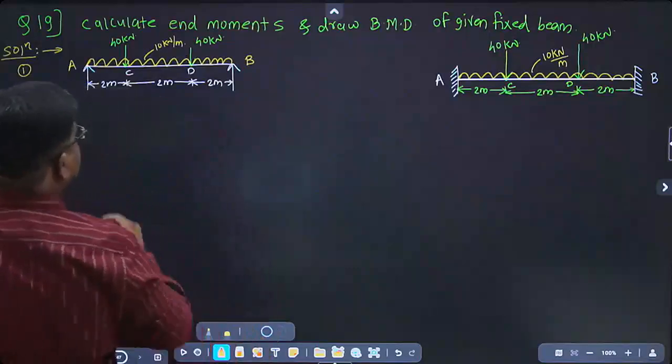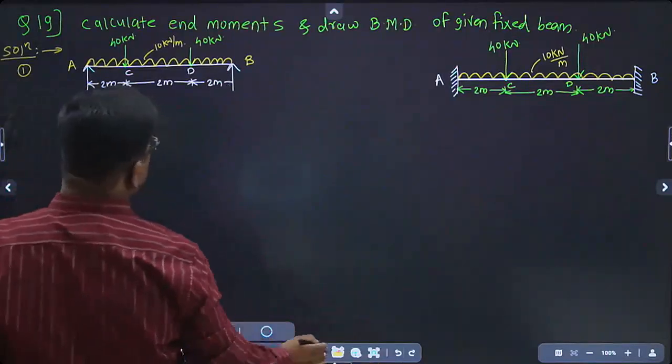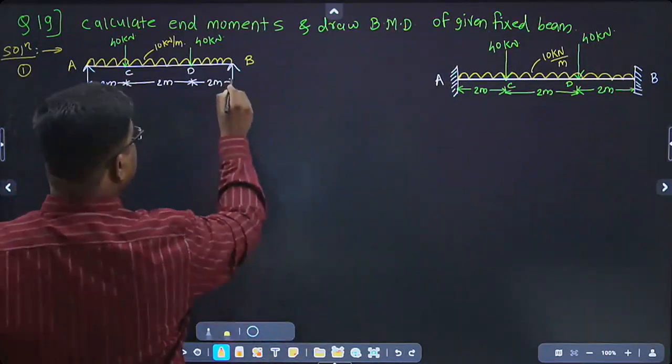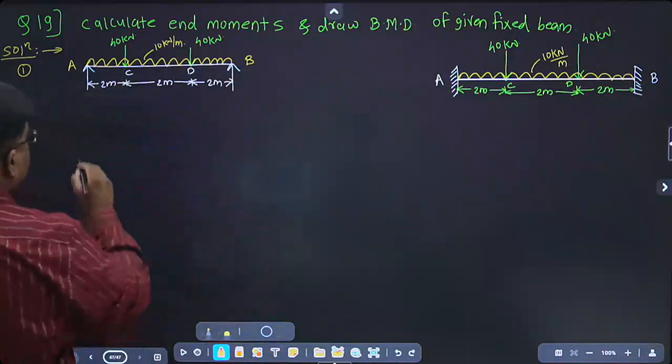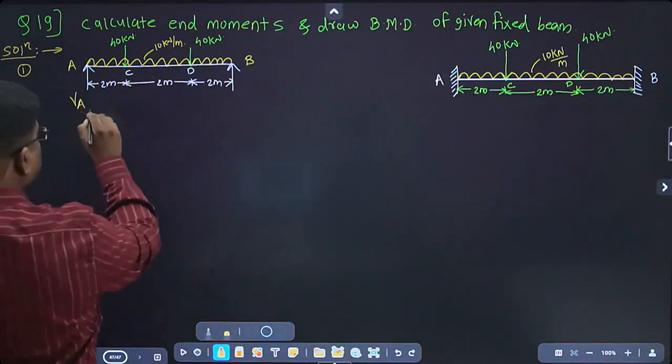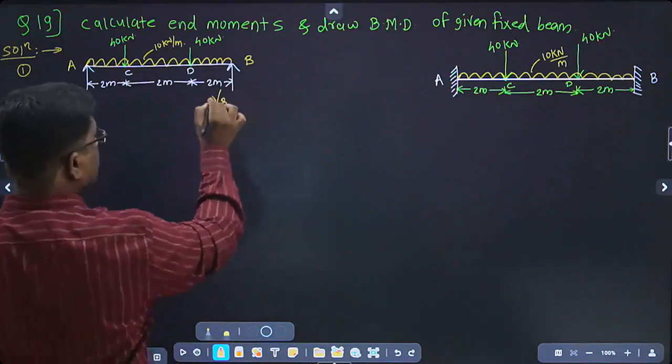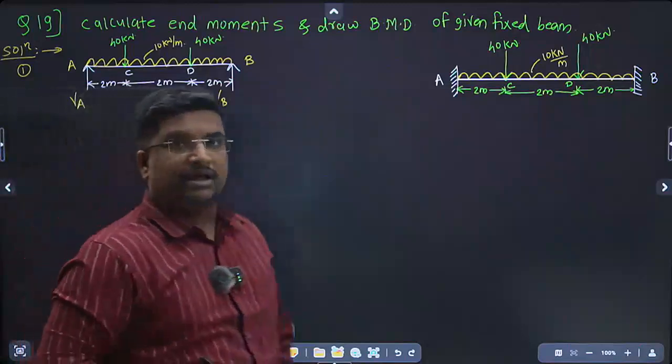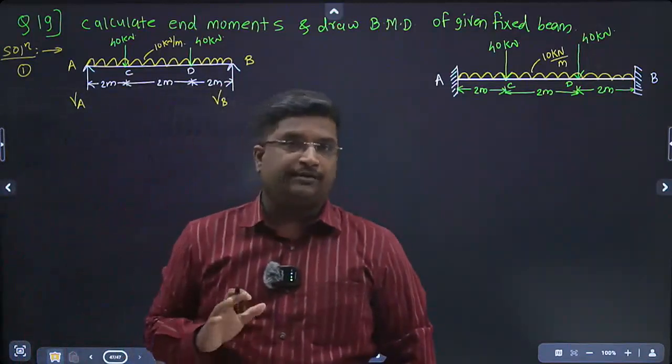And these are the reactions, VA and VB, the reactions of the simply supported beam.